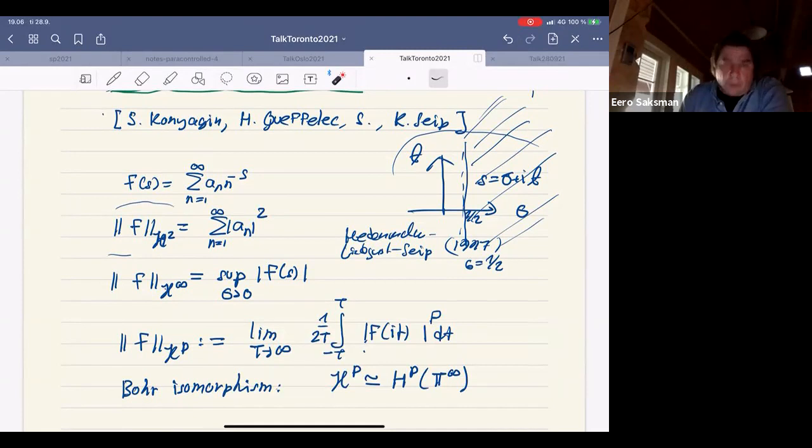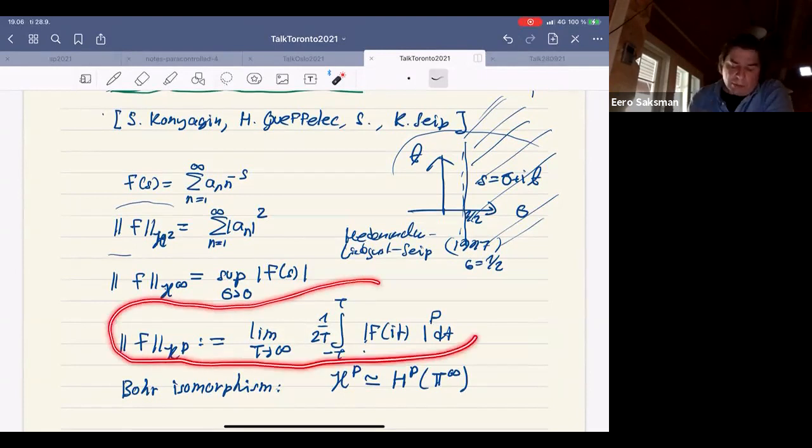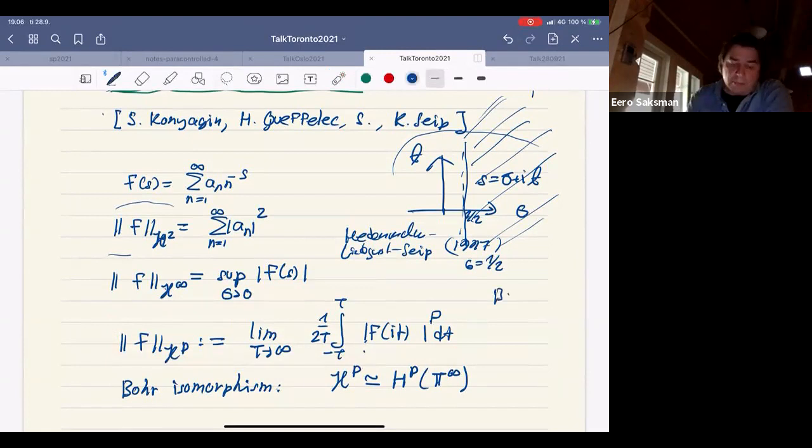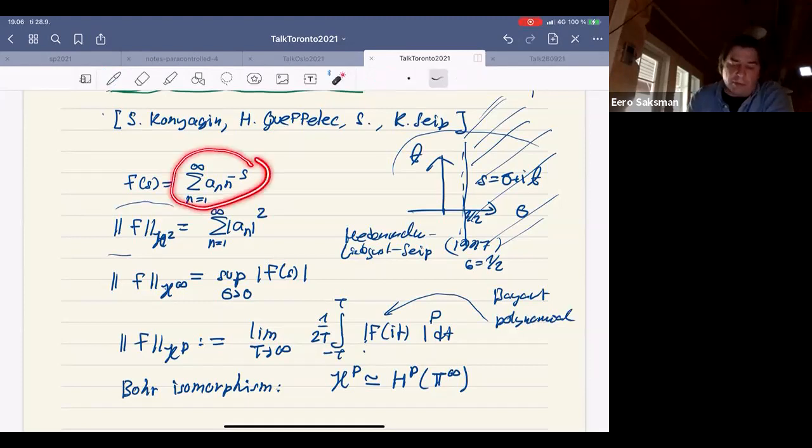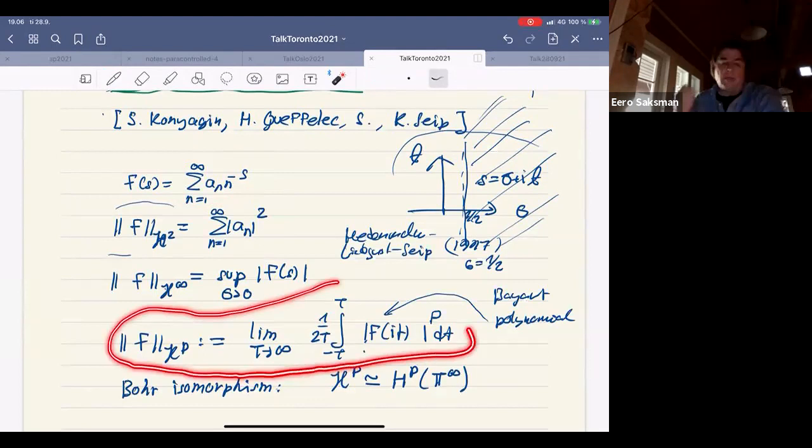Okay, good. So you can also define Hp spaces. These were done by Bayart, and they also have been studied by many people. And if f is a Dirichlet polynomial, by which we just mean that this sum here is finite, there are only finitely many non-zero a_n there, then you can also define the Hp norm, and you do it on the imaginary axis.